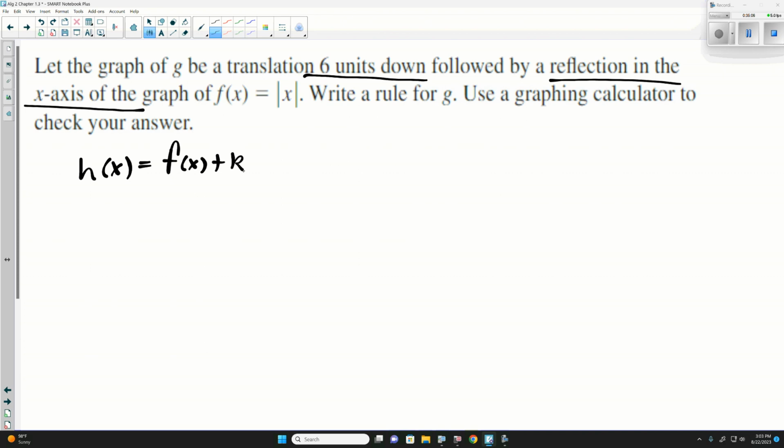Yeah, because up and down is k. We're still using f of x because our original function that we're talking about is f of x. Now the value of k is what? Because where are we going? It's negative 6, because we're going down 6, so it would indeed be negative 6.